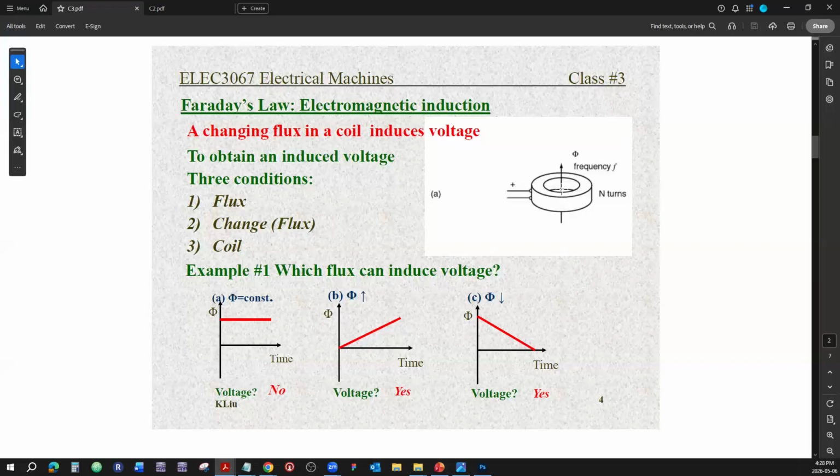Once we put it in and stop halfway, the voltage is going to disappear. Right? So that's the idea here. Changing flux in a coil will induce voltage. That's Faraday's law of electromagnetic induction.